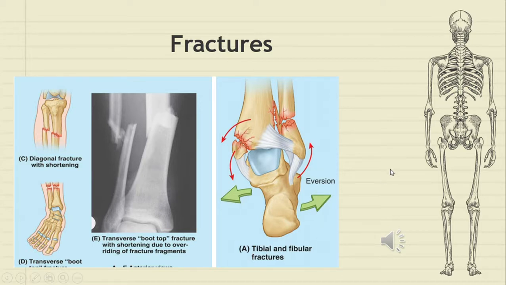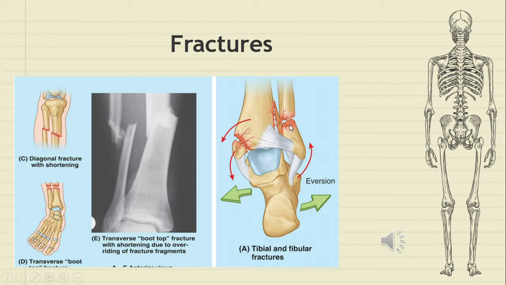Then we have another scenario as shown in this diagram, in case a foot is stuck in a hole in the ground or trapped somewhere, and in an effort to remove the foot, it is forcibly abducted and everted or externally rotated. In this scenario, there is a spiral fracture of the lower end of the fibula, or you should say the lateral malleolus.